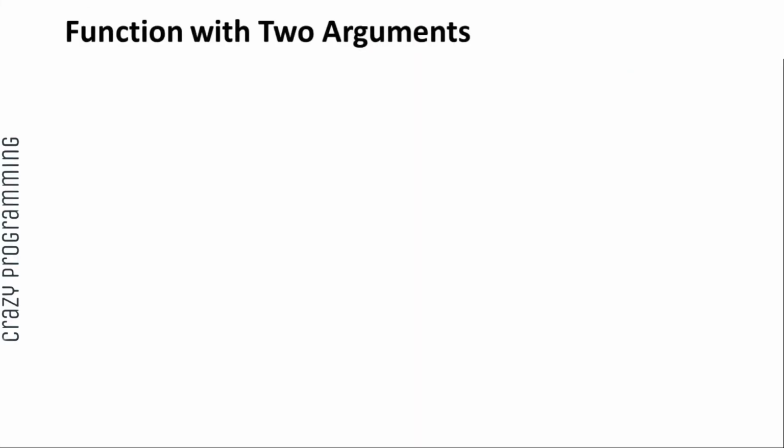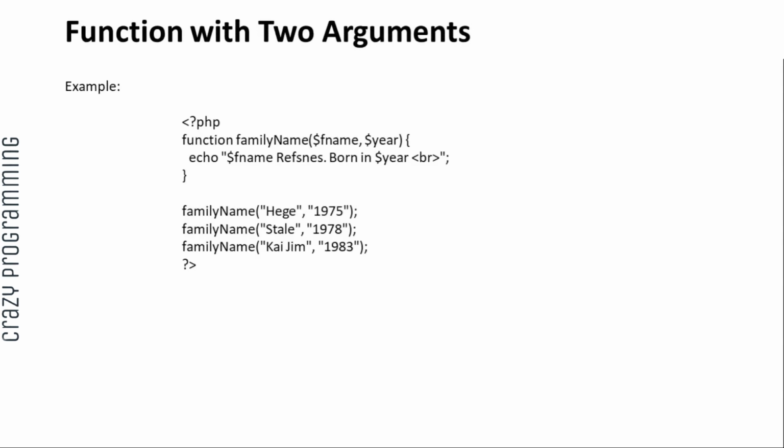Let's go with the new one, that is a function with two arguments. This is the example. In the first example I used one argument, that is $fname, the first name. Now I am going to use two arguments. First I created a function, and familyName is the function name. Inside the brackets I use $fname, comma, $year.